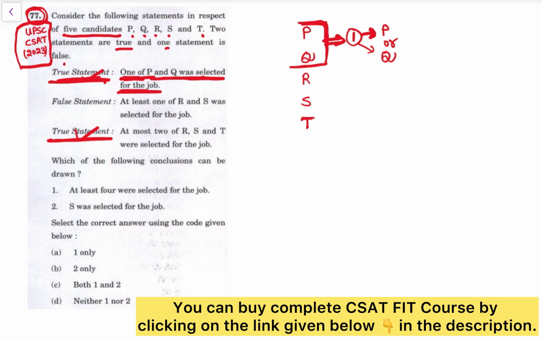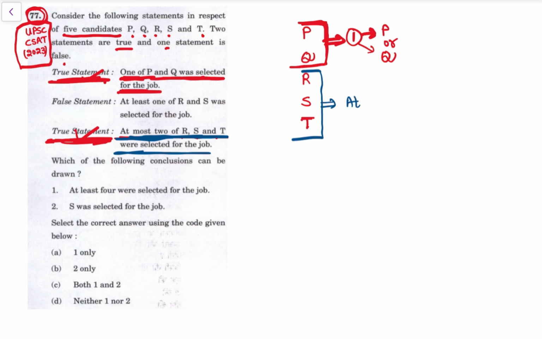Then the next true statement is: at most two of R, S and T were selected for the job. See, what does at most two mean? At most two are selected for the job.